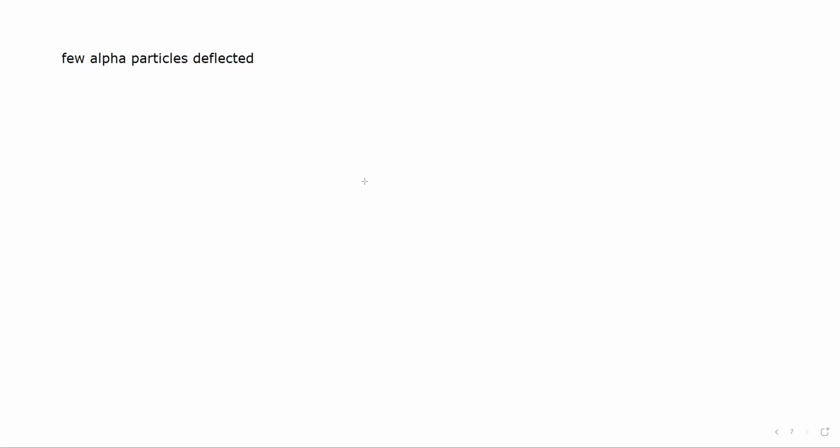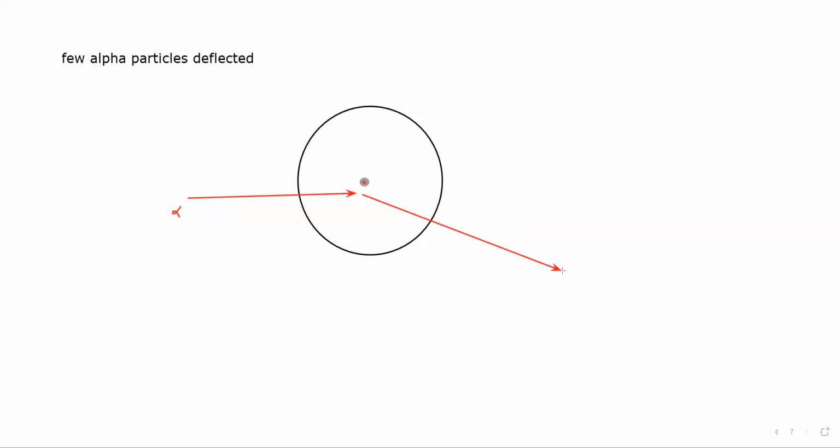He explained that few of the alpha particles deflect or change their direction as an alpha particle moves closer to the nucleus, because like charges repel each other. The nucleus, which is positively charged, repels the alpha particle. As like charges repel each other, the alpha particle changes direction.